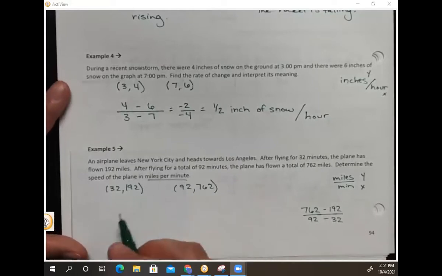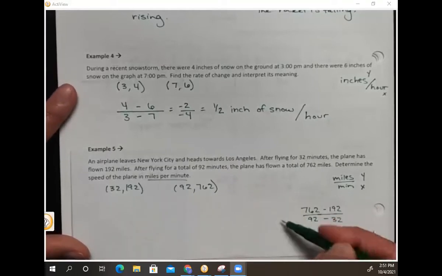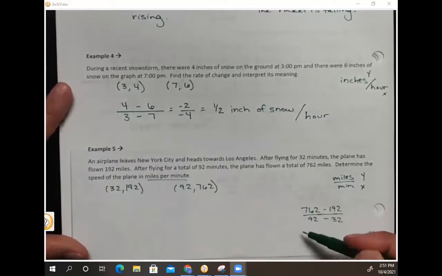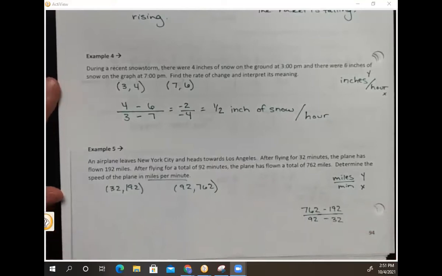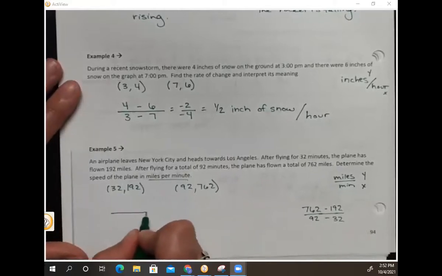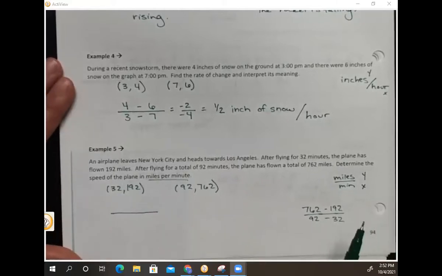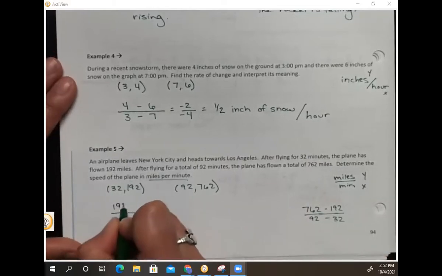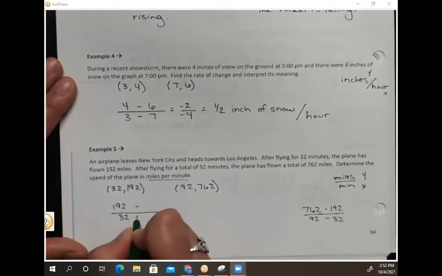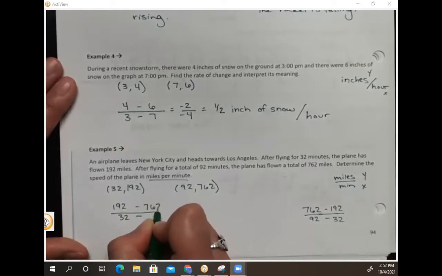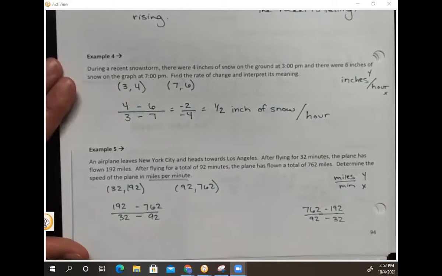So I'm finding the slope between these 2 points. This is absolutely a correct setup. I'm going to show you the other option for setup based on how I've been working through these problems. We're going to get the same final answer. It's just going to be a flip-flop of what we see here. So this would be 192 over 32 minus 762 over 92.